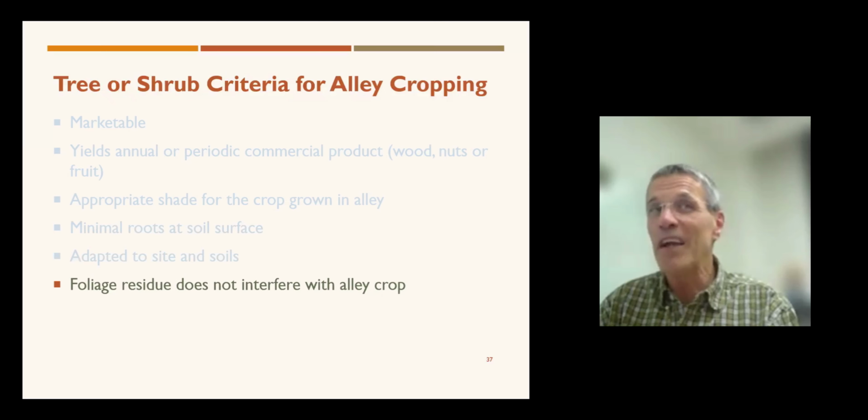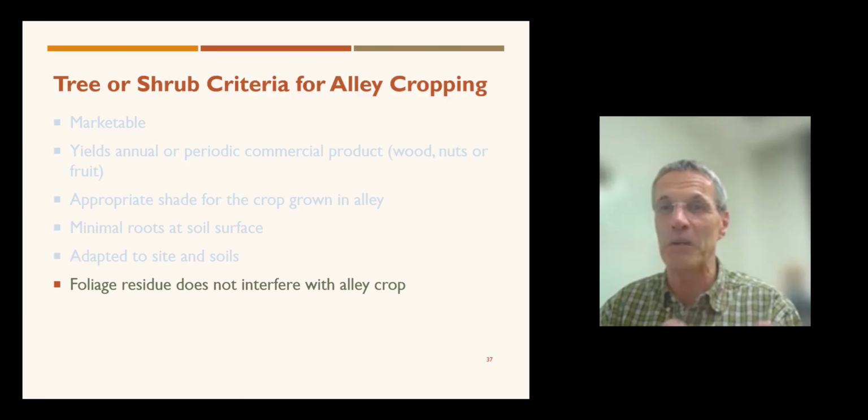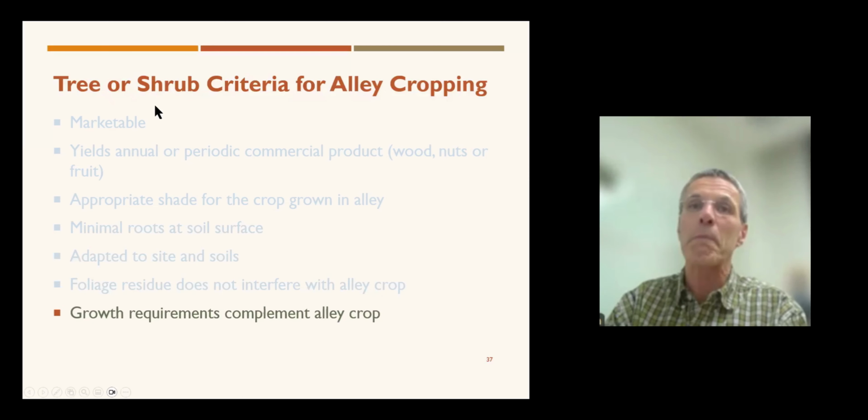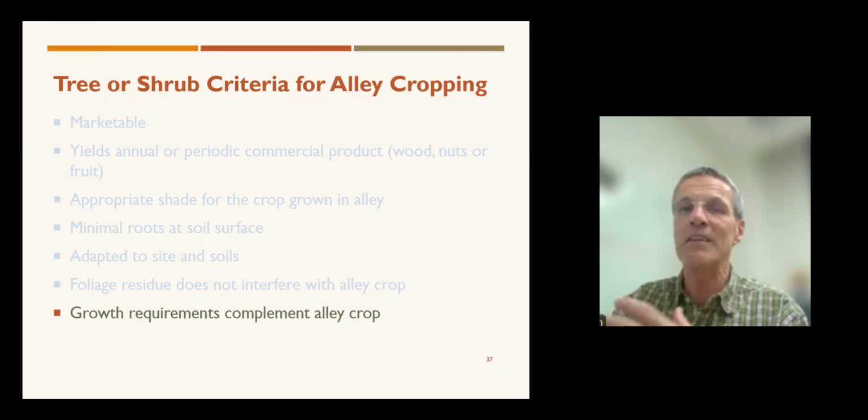So walnut trees would probably not be good interplanting that with a vegetable. You could interplant it with a hay or so. It doesn't affect the grasses, but a vegetable, it would affect it quite dramatically. So you need to think about that, how that complements the alley crop.